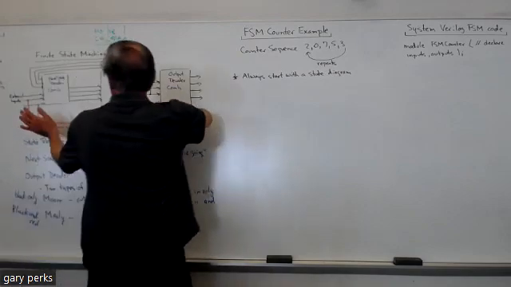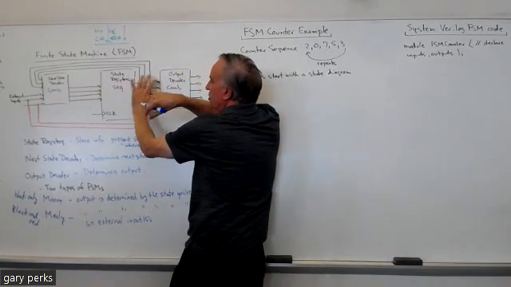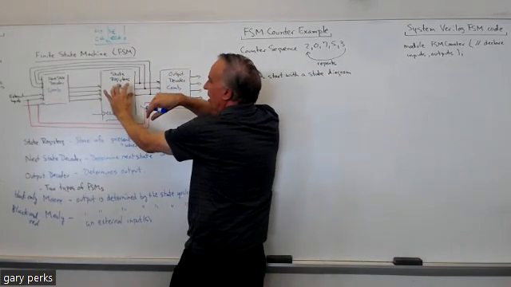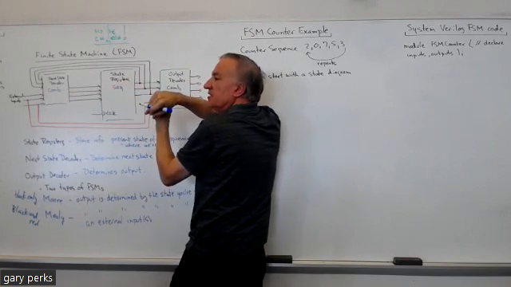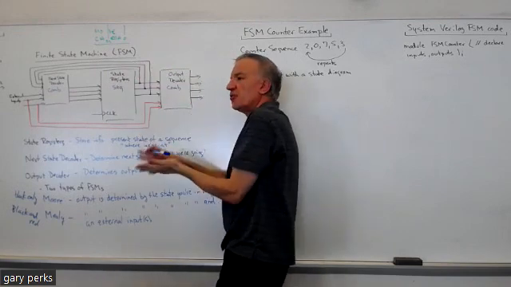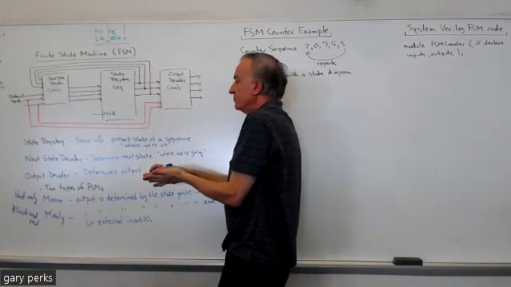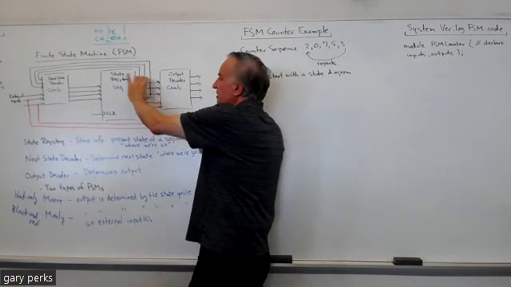Because if you don't have the red, the only thing going into the output decoder is the output of the state register, and the state register only holds the information of where you're at, the state you're in.